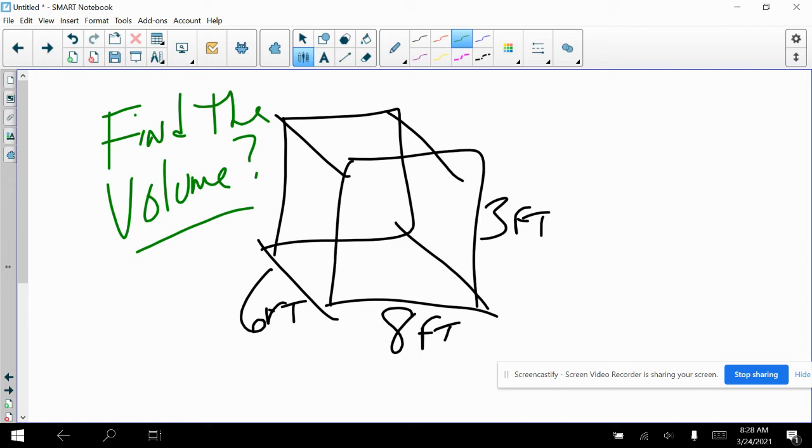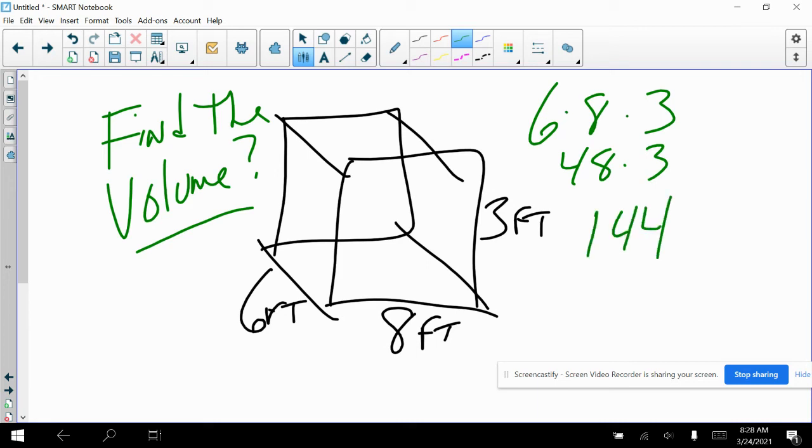Ready? Going to multiply all the numbers together. 6 times 8 times 3. 6 times 8 is 48. 48 times 3 is 144. Is that my answer? What do I do? Michael?